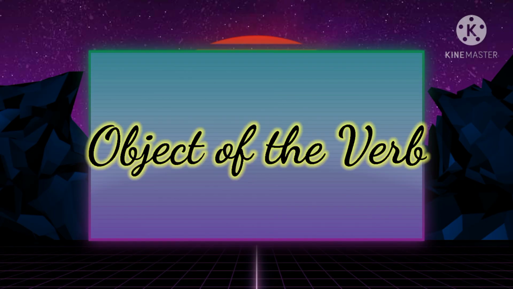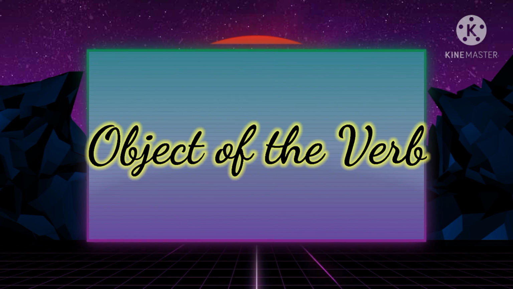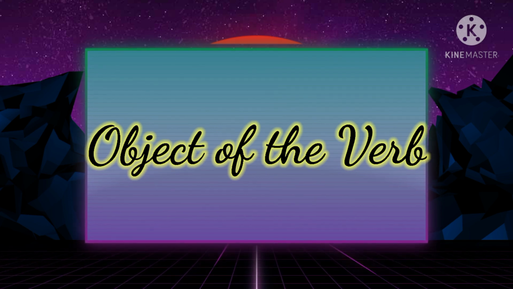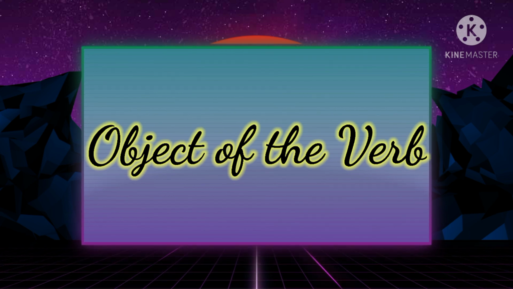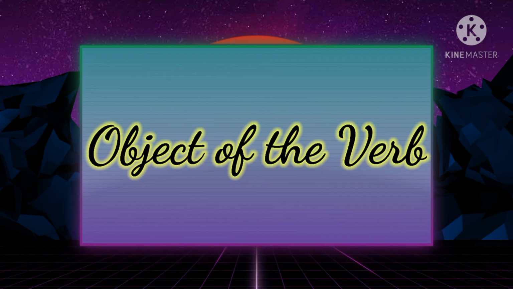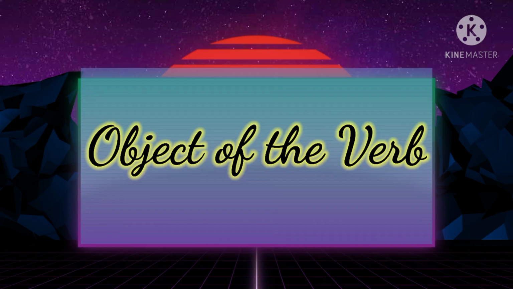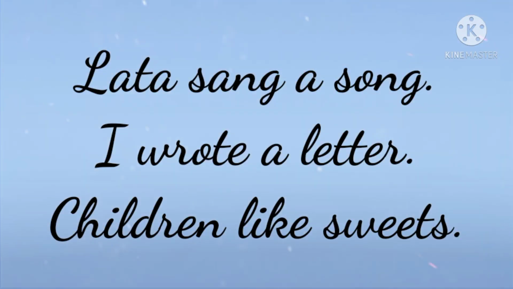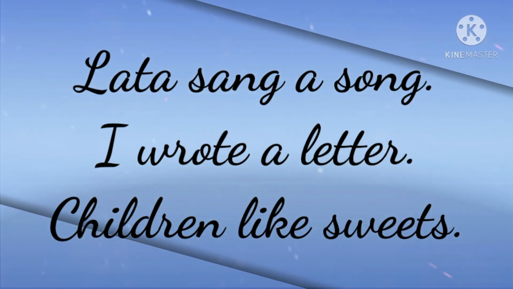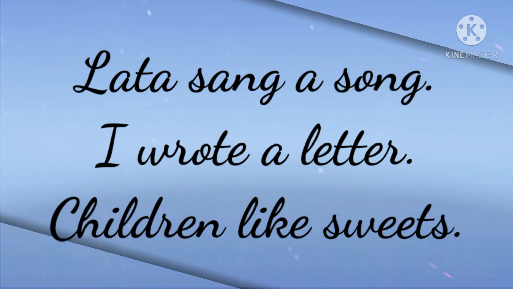Next one, object of the verb. If we frame a question using the verb with the word what or who, the word that answers the question is the object of the verb. Let's read these examples. Lata sang a song. I wrote a letter. Children like sweets.